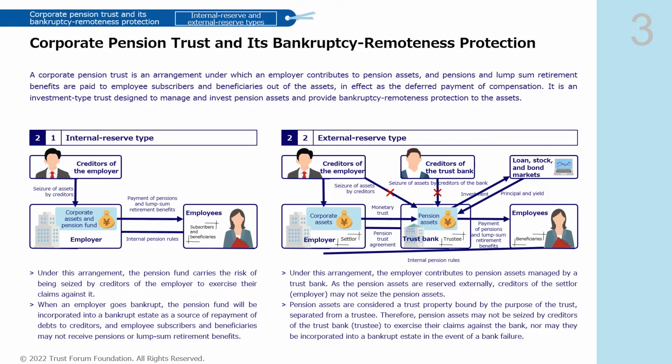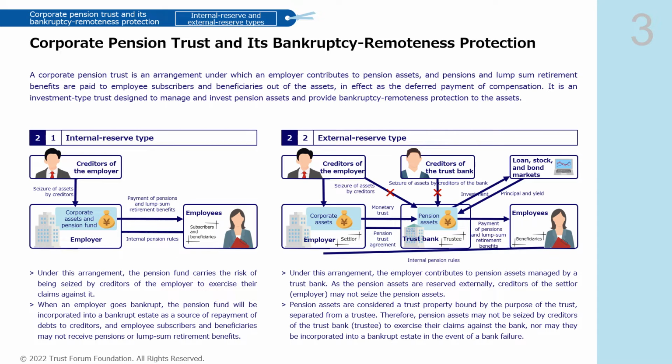Therefore, trust property may not be used as a source for payment of debts to the bank's creditors. As a result, pension assets are protected from insolvency proceedings of the bank and remain intact for the recipients and subscribers. This advantage of trust property is referred to as a bankruptcy remoteness protection.